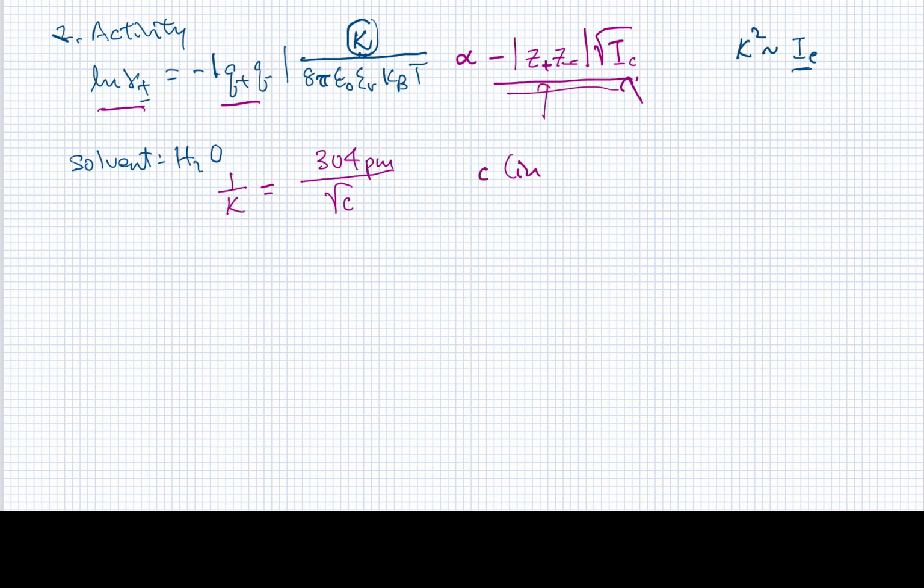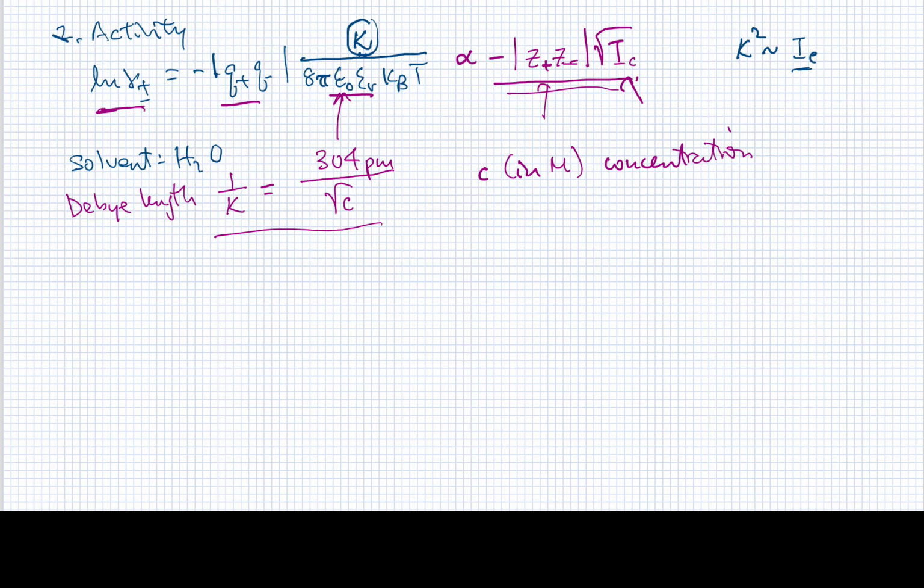So this is in molarity. All right, so this is a very helpful thing to derive the Debye length. And this, in fact, could be used in this formula if one wanted to go ahead and plug in these permittivity constants. One could use that directly to determine the log of the activity coefficient.